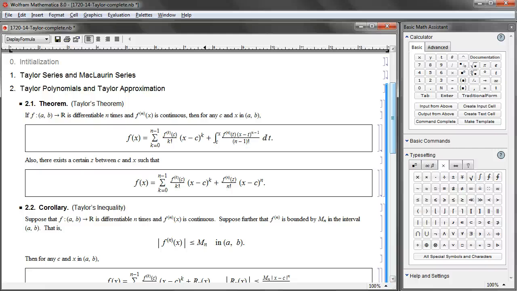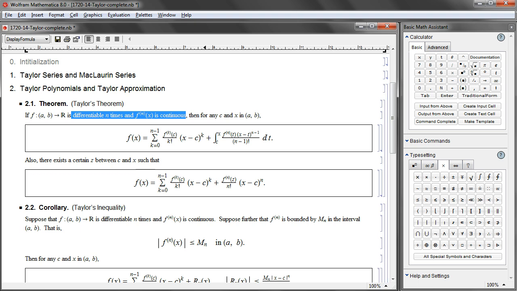In this case, we do not need power series. We do not even need infinitely many differentiable functions. We only need a function that is differentiable n times, and the nth derivative is continuous. For example, we do not even need the n plus first derivative. If it exists, fine. If it doesn't exist, it's still okay.